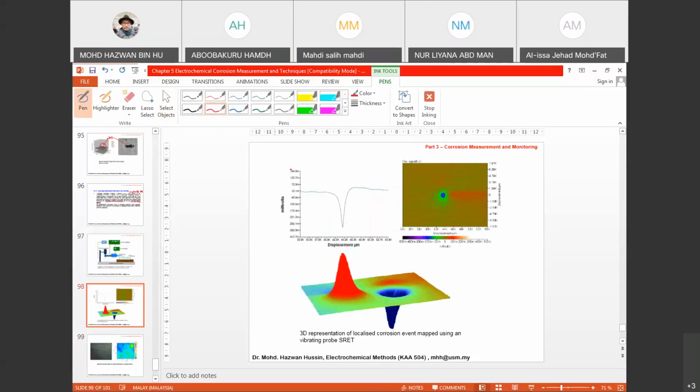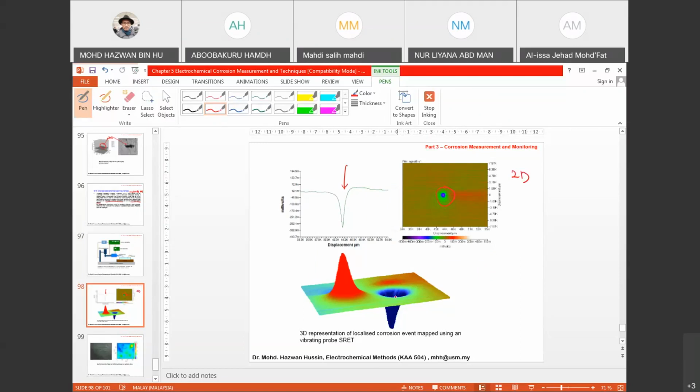It will give a 3D image. Probably with a normal measurement, you will see that there are fluctuations, displacement over here. And when you do it in two dimensions, you'll see that there's a difference in intensity.